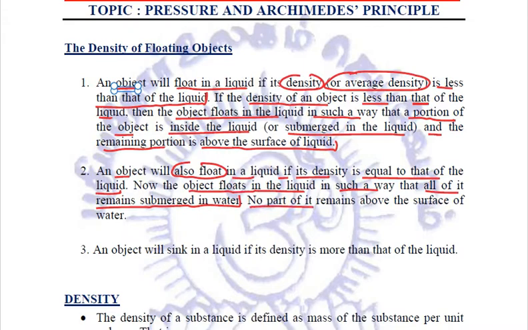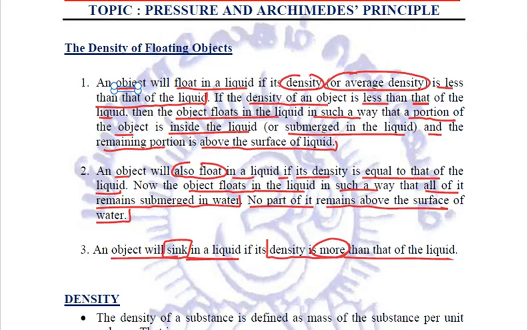No part of it remains above the surface of the water. And the third option is that if the density of the object is more than that of the liquid, then the object will sink in the liquid, right? So this is why and how the objects float or sink depending upon their densities as compared to the liquid.